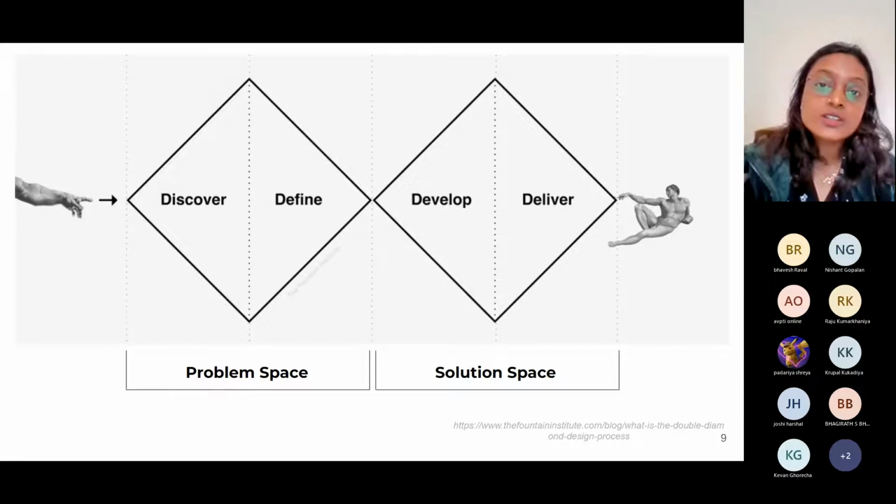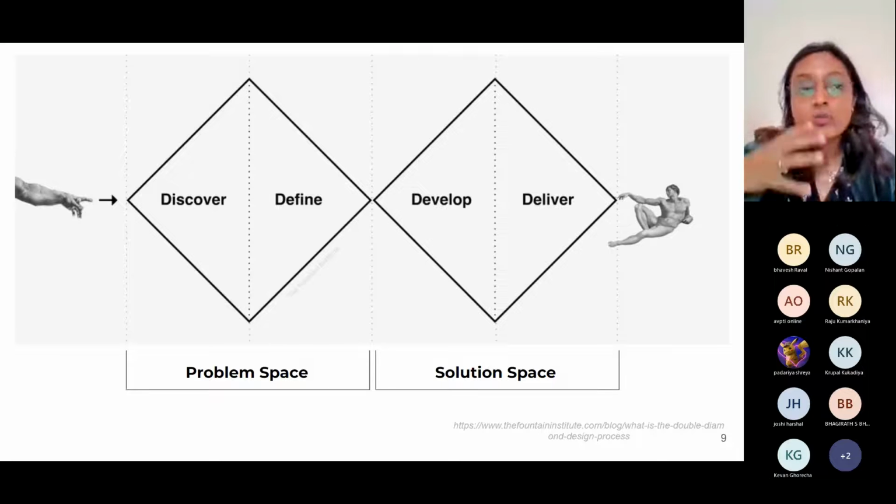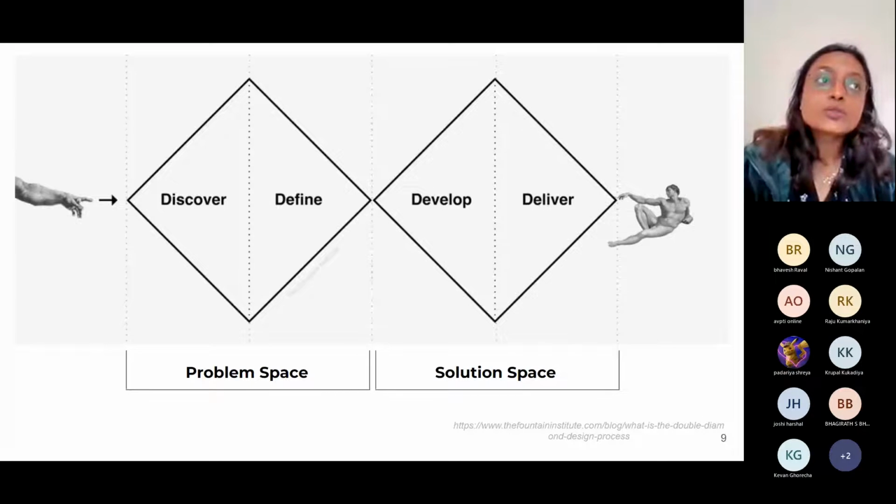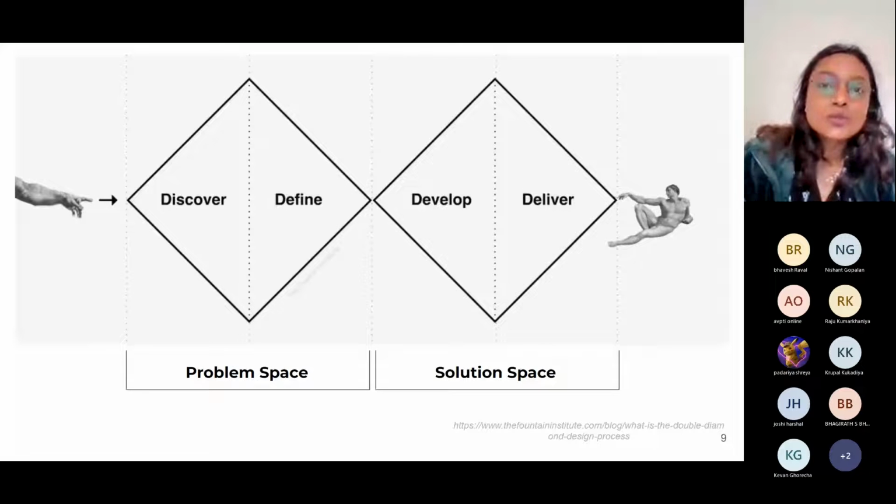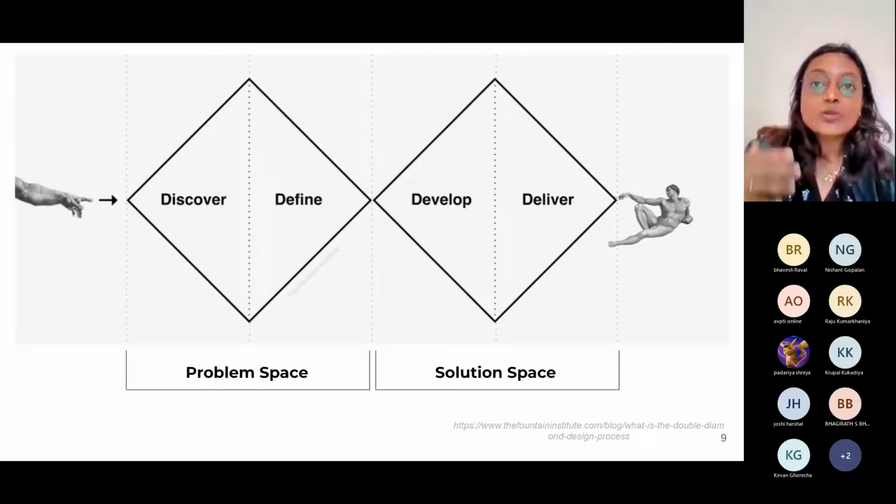But with 30%, go crazy. Give me whatever your mind can think about. That way I get to go crazy on my creativity, saying I want to do this, I want to do that, and I also have solutions which are very makeable or manufacturable.